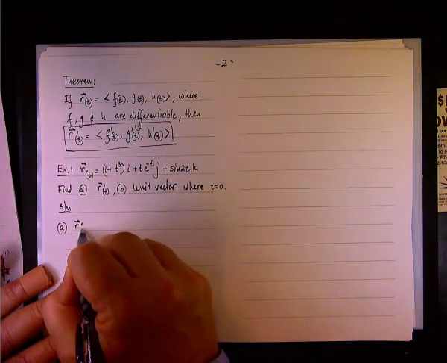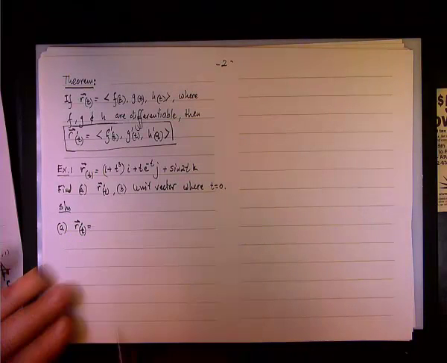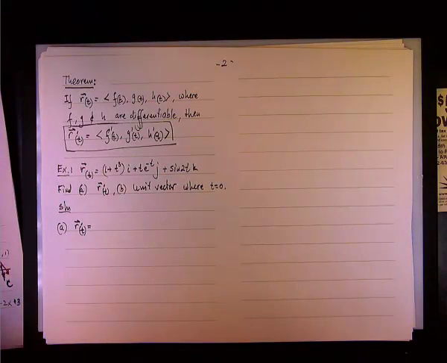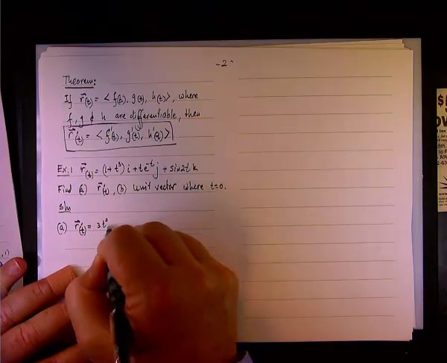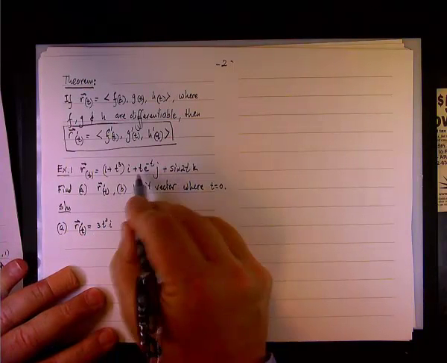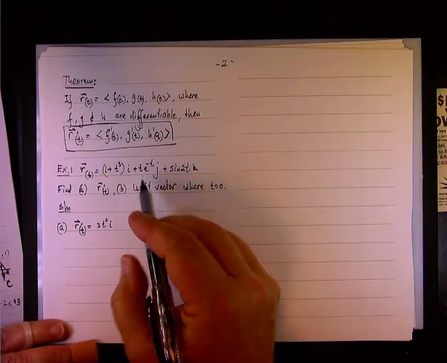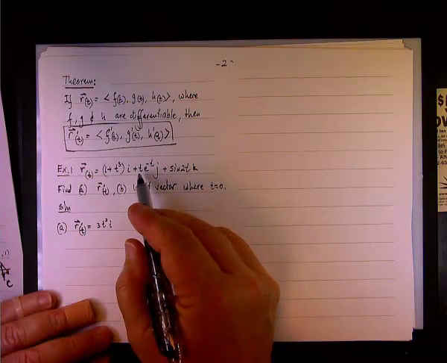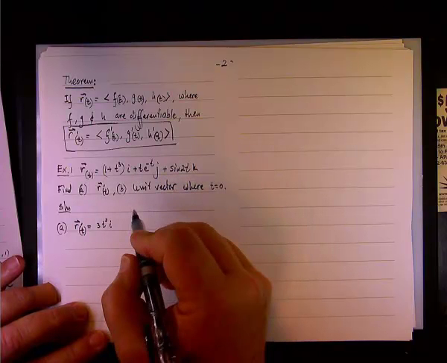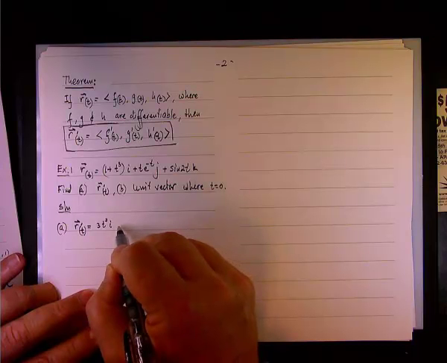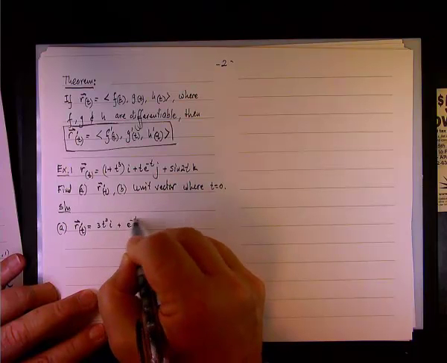So the solution, if you still remember how to find derivatives, will be 3t squared in the i direction. Here we need to apply a little bit of product rule, if you remember. The derivative of t times e to the negative t is t times the derivative of e to the negative t plus the derivative of t times e to the negative t.